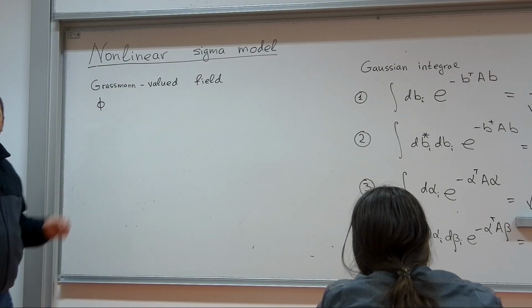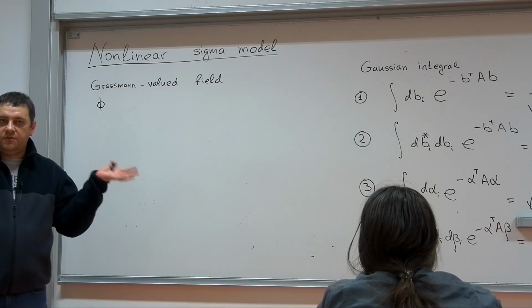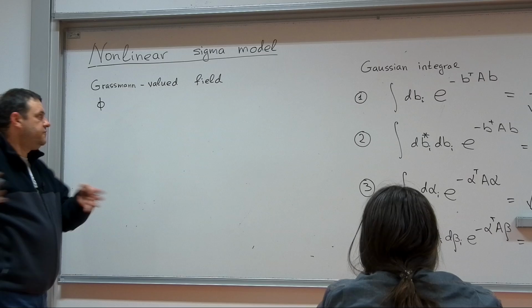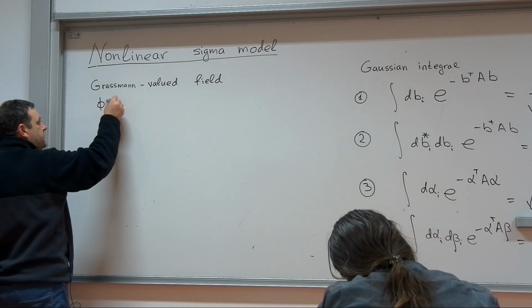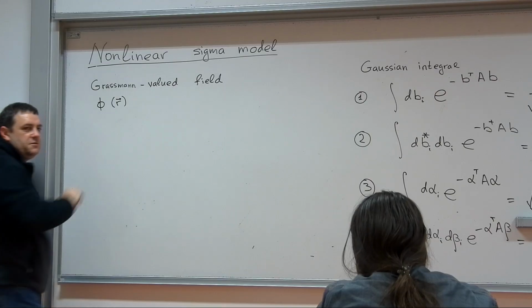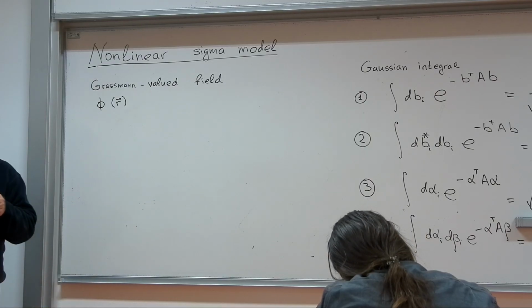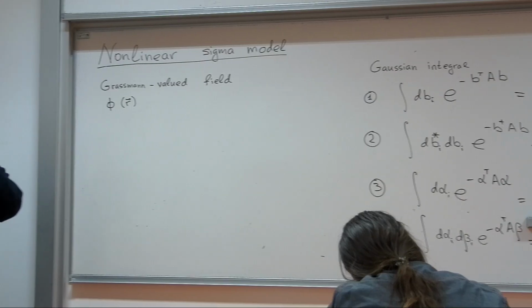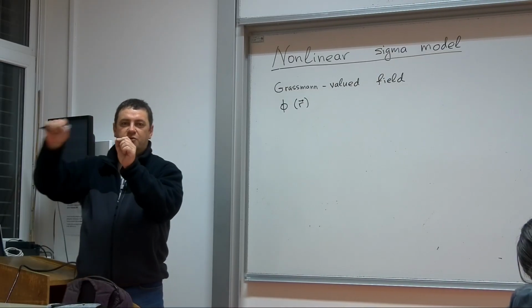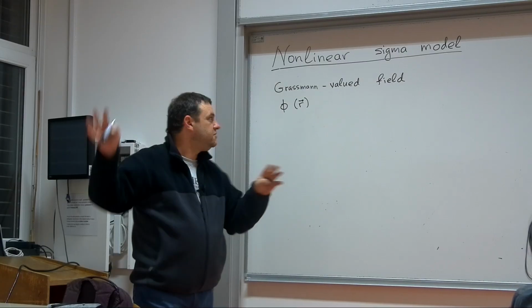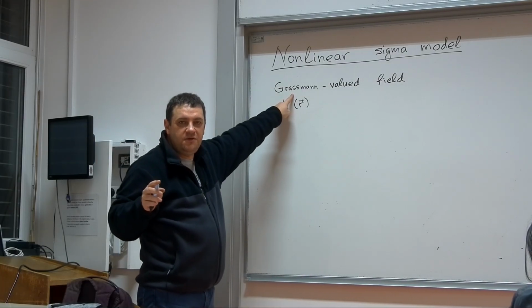What is the difference between just a Grassmann variable and a Grassmann field? A field depends on a point in space. That's it. It's a different Grassmann variable assigned to every point in space. It's a function that takes Grassmann values.